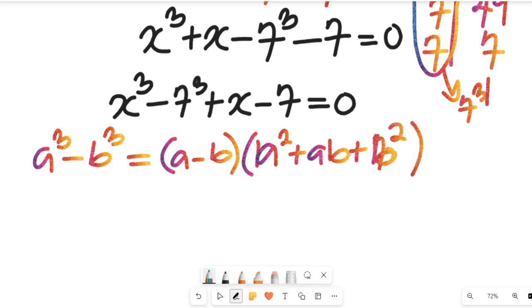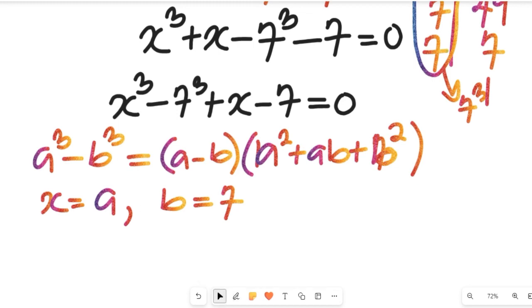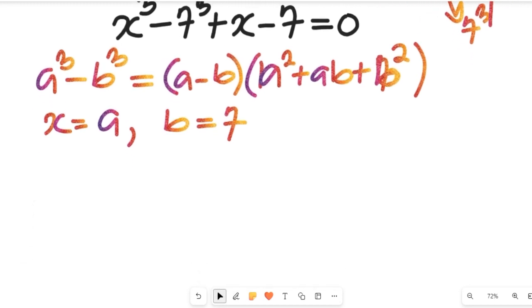Right, good. So if that is given, we'll see that our a in this instance is equal to x, and then our b in this instance is equal to 7.